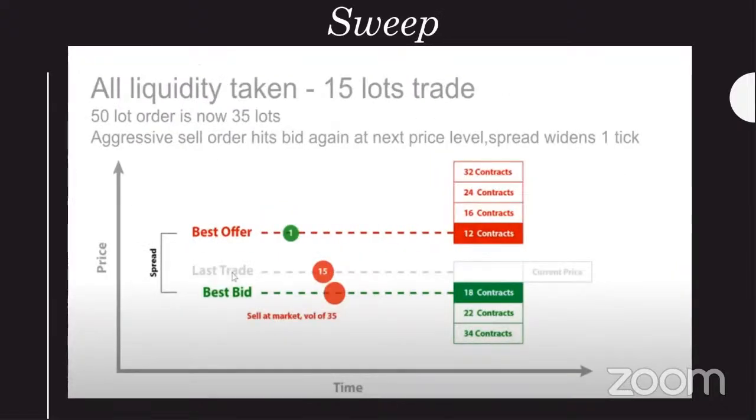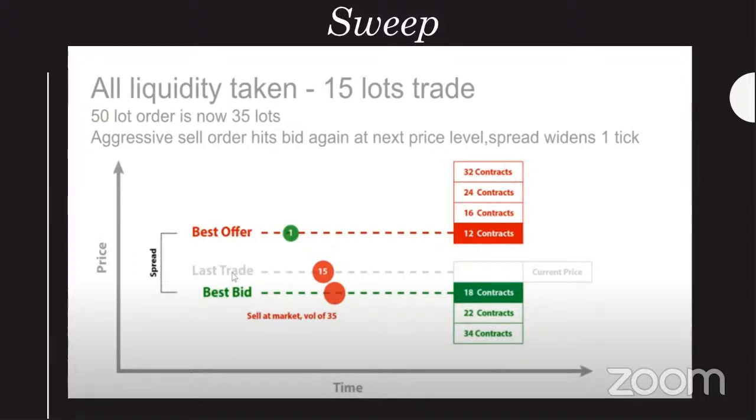Now, when all liquidity is taken, in this example, there's a market sell order of 15 lots traded. So a 50 lot order now turns into 35 lots. An aggressive sell order hits the bid again at the next price level, and it widens the spread by 1 tick.